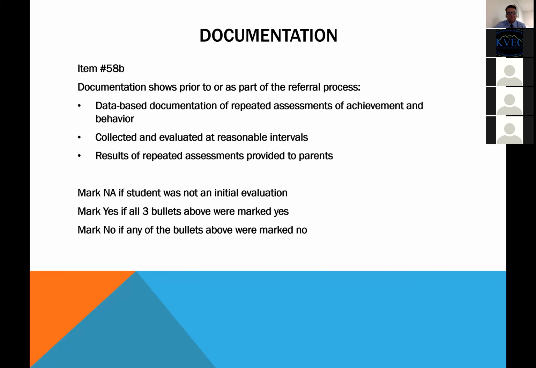So make sure that you have those bullets and you have a copy of the letter in there. Just make a copy of it and put it in there. So you're going to mark NA if student was not an initial evaluation. You'll mark yes if all three of those bullets were marked yes, and if any of those bullets were marked no, then you have to mark a no.